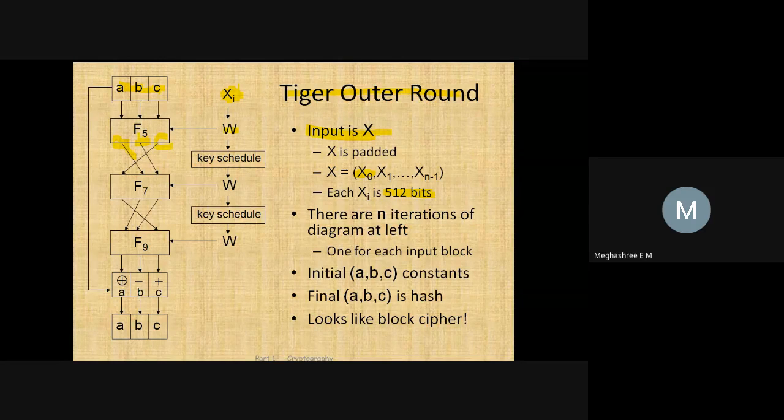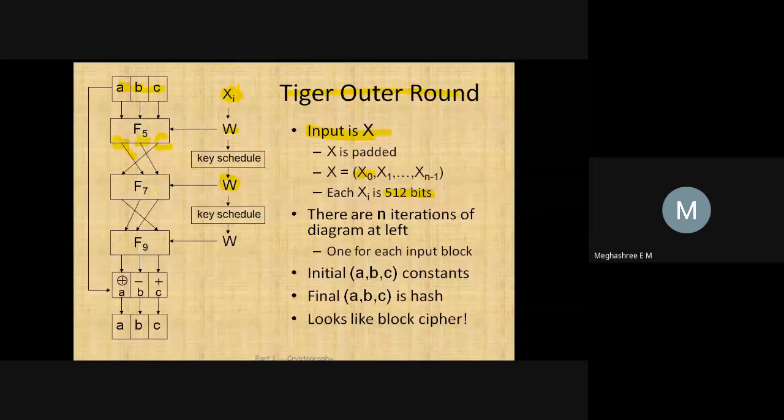This output of W is treated as the key schedule. This key schedule we'll see in the next slide. Now, as of now, you assume some value is fed. The output of this will be treated as W again, and again it is fed as input for F7.